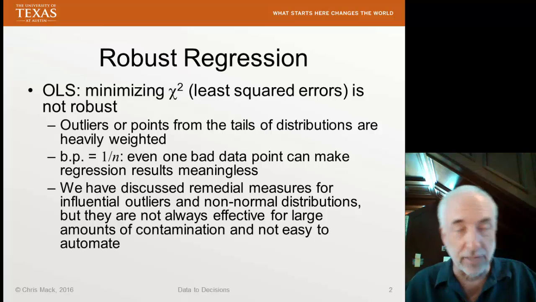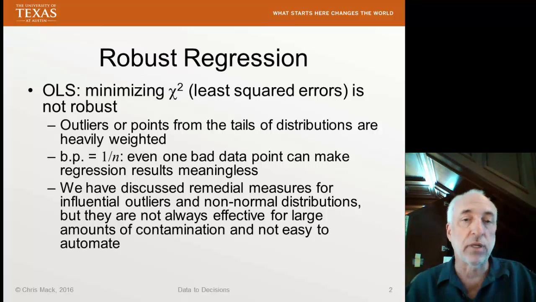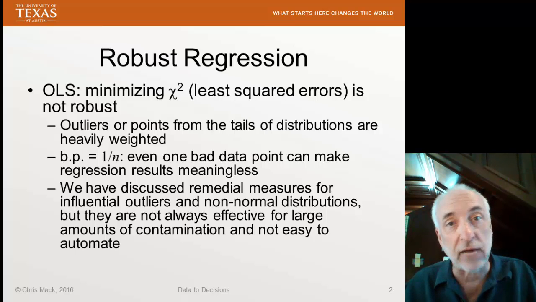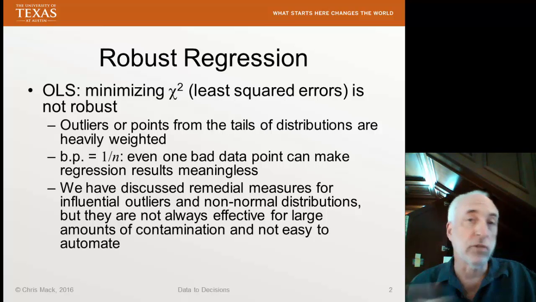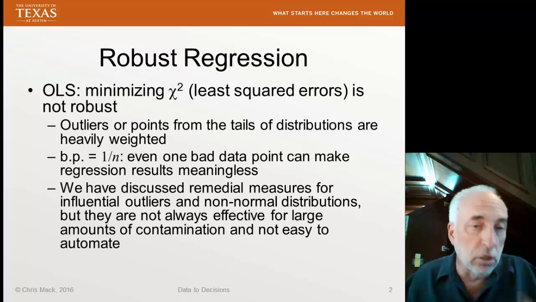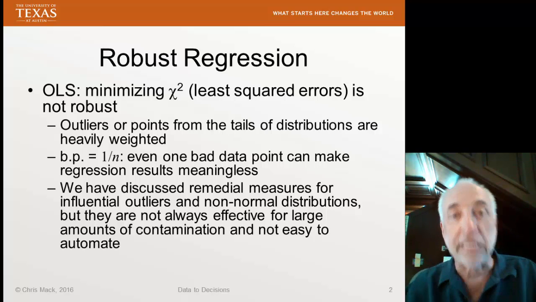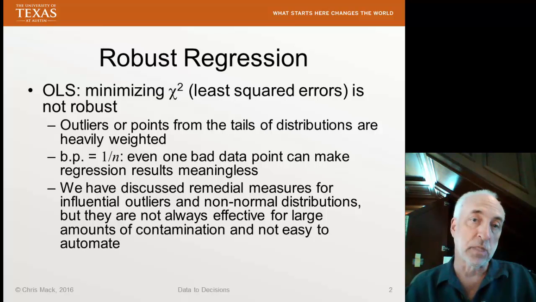But if we have a lot of contamination, that can really mess up even our ability to detect outliers. Also, it's not always easy to automate these kinds of regressions. It tends to be very manual. We look carefully at trying to understand what each interesting data point is telling us.